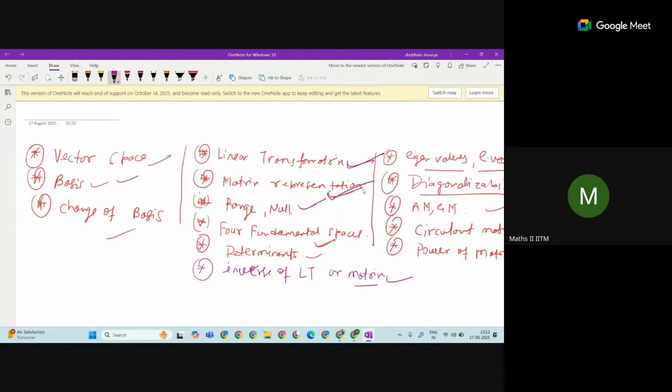We'll spend more time on the topics I am saying are important. The inverse is also important.